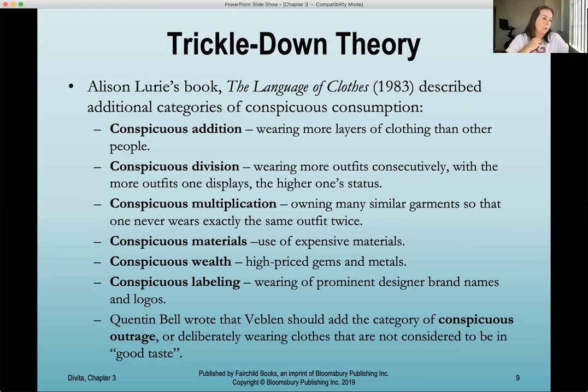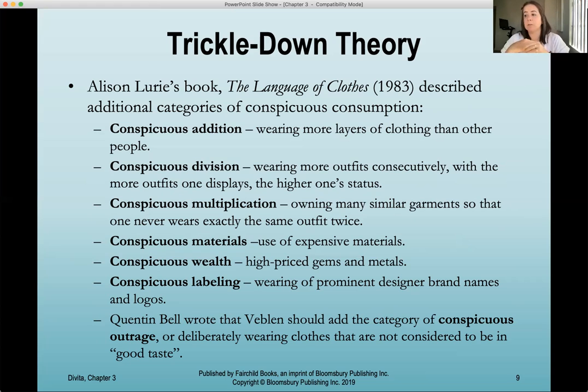Conspicuous multiplication, okay? Owning many similar garments so that you never have to wear the exact same outfit twice, right? Having 50 pairs of denim, 30 jackets, 17 luxury bags, 20 pairs of boots, right? Constantly making new combinations so that no one sees you wearing that exact same outfit two times.